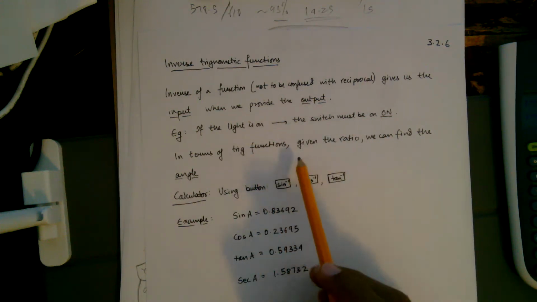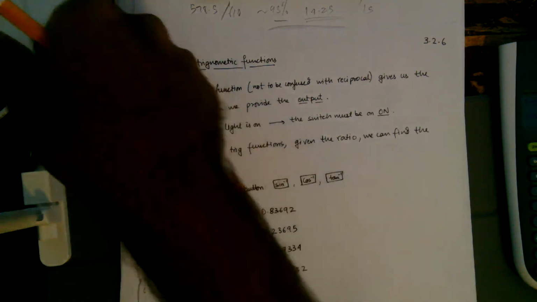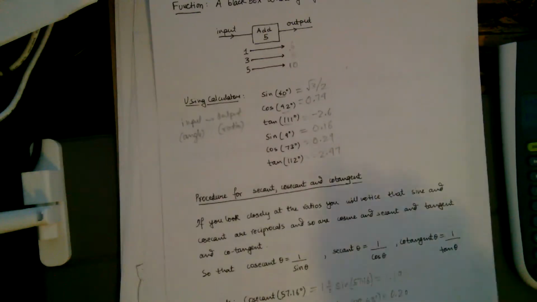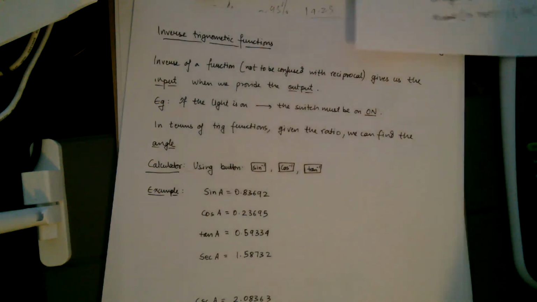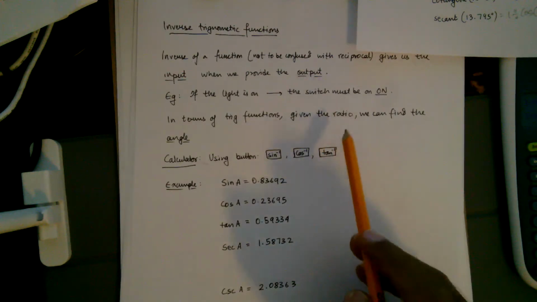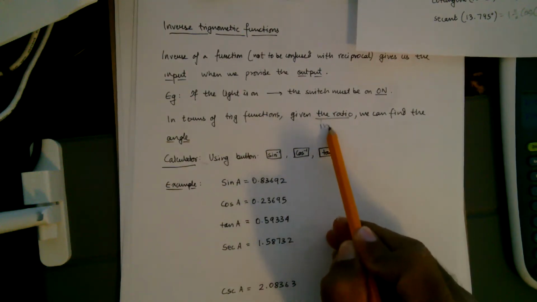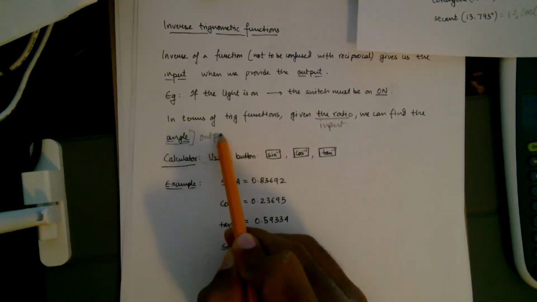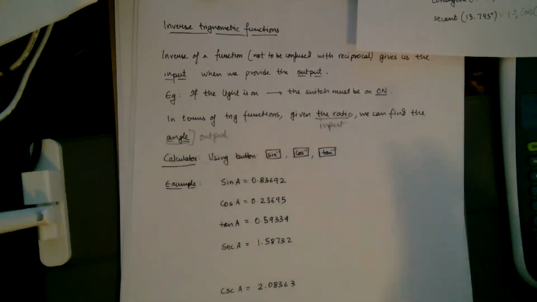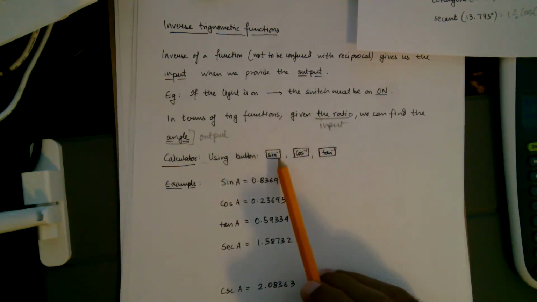So in terms of trig functions, recall how previously we said that the input is an angle and the output is a ratio. For inverse functions, given the ratio, the ratio is the input and the angle is the output. Now how we do this is we use these buttons on the calculator.